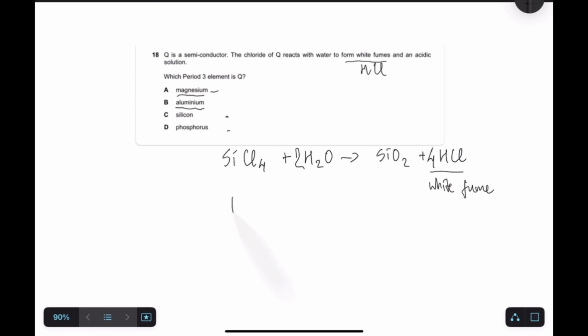And for phosphorus, PCl5 plus water forms phosphoric acid and hydrochloric acid, which gives white fumes too.